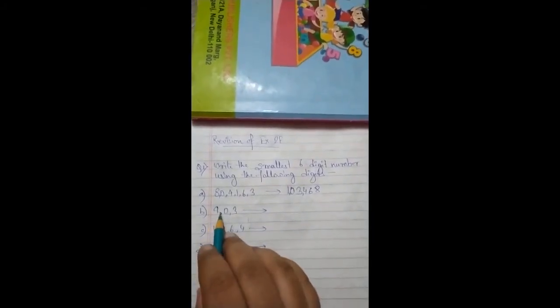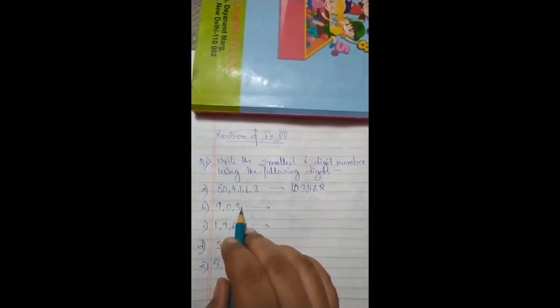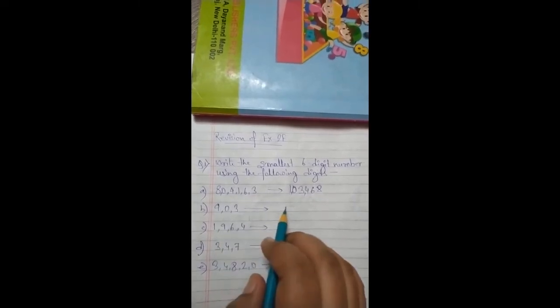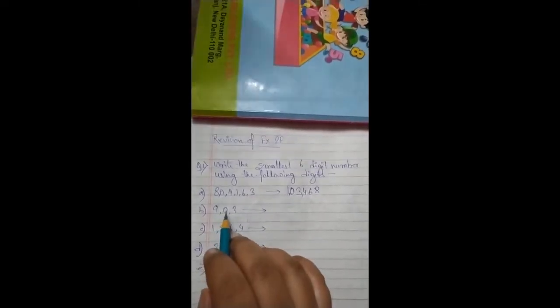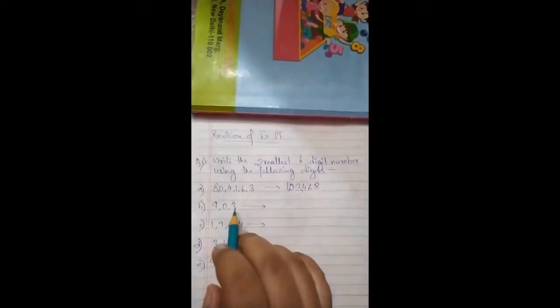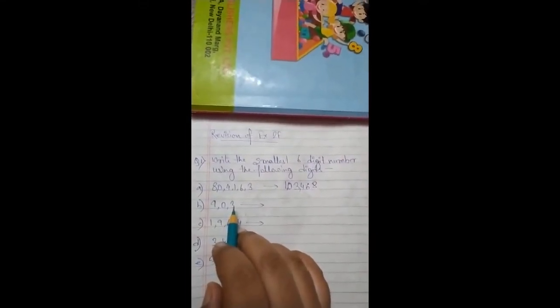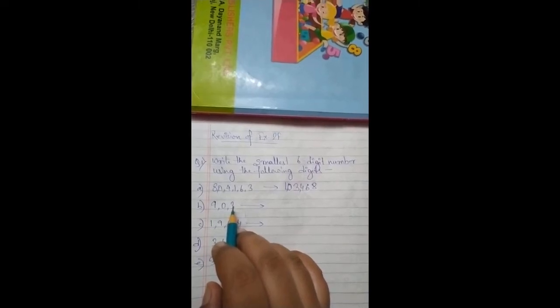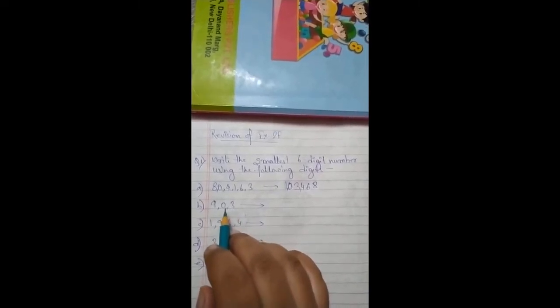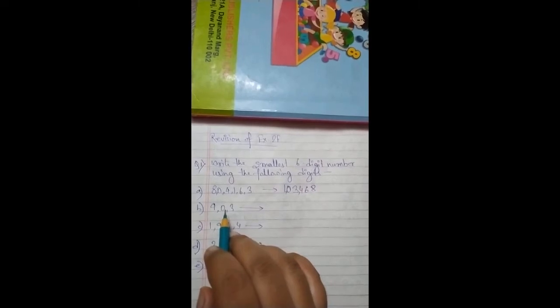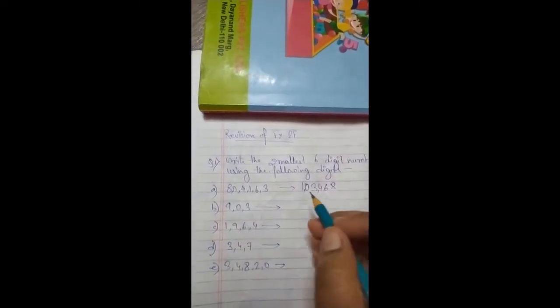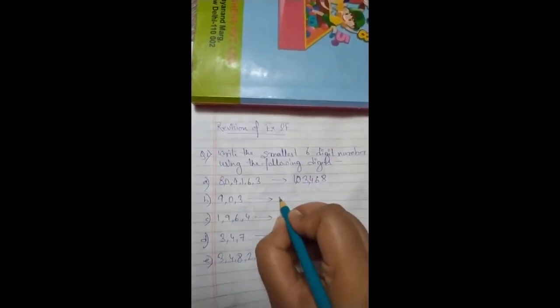Next we have 903. So now a 6 digit number we have to make, but digits are less over here. So we have to repeat the digits. First we have to arrange it. How will we arrange it? In the ascending order. But 0 is there. 0 we can't write in the first place, but we can write 3 in the first place.